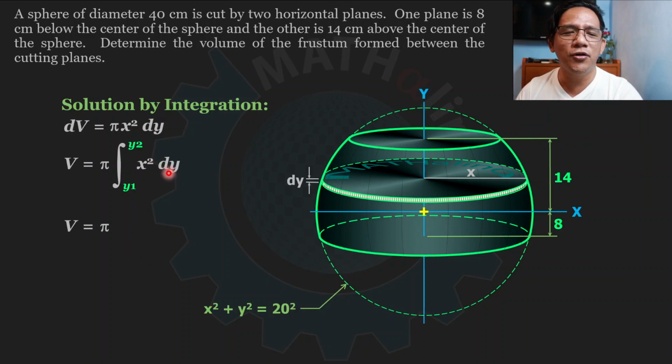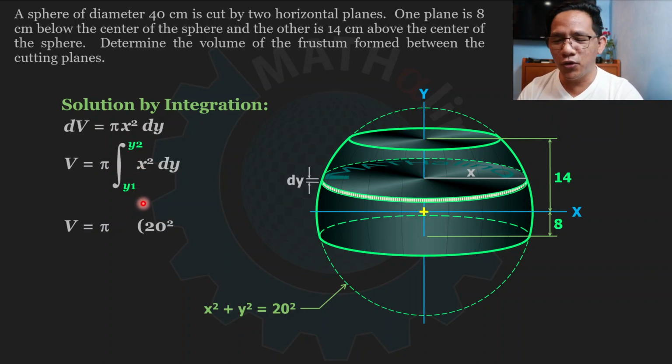We need to express our equation in terms of y alone so that we can put it in the calculator. Now, we have this x squared, so we are going to replace it in terms of y. How to express x in terms of y?